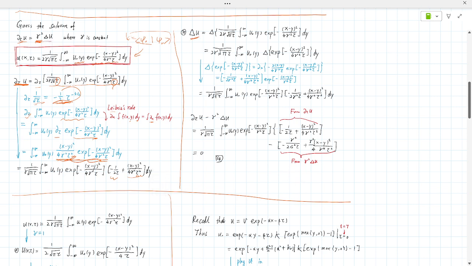Laplacian of u, the right-hand side here, similar things apply using this rule. Actually, nothing here, only on the exponential. Just do the exponential twice. You do a derivative once here; the only thing here is y.